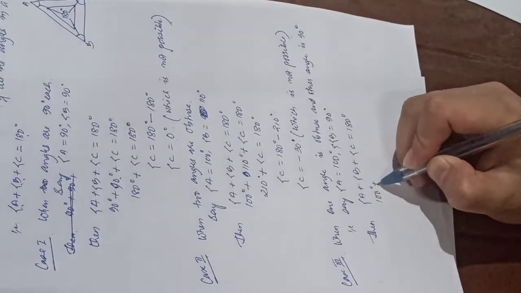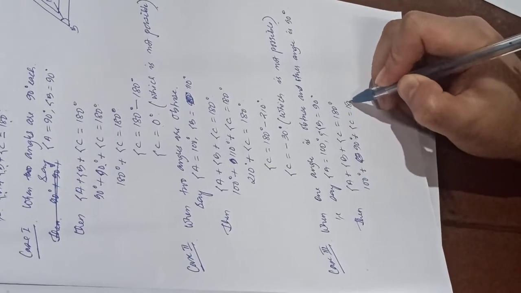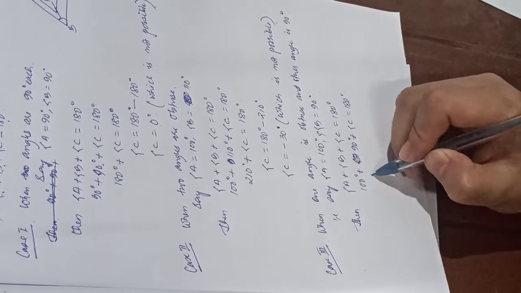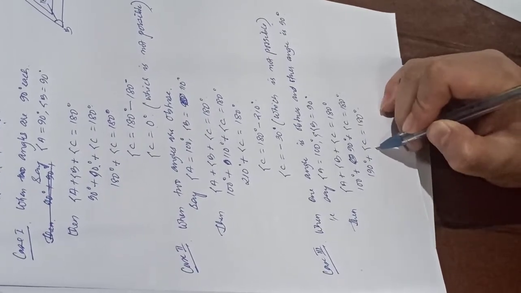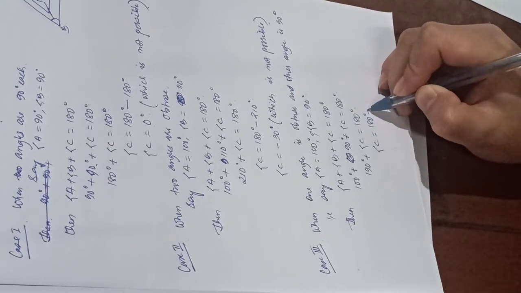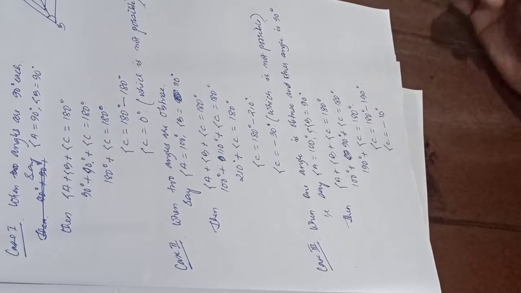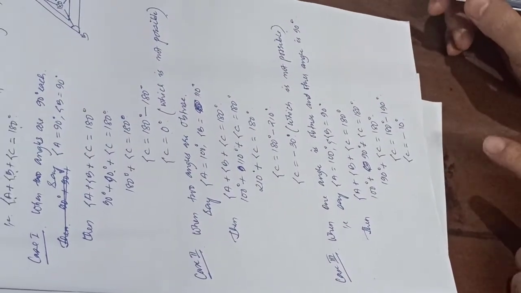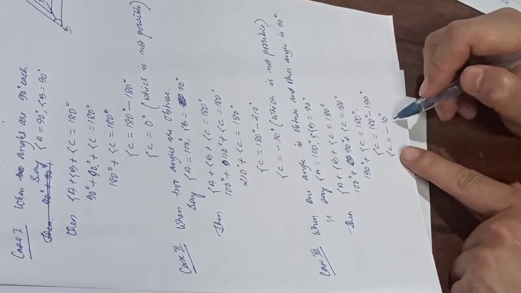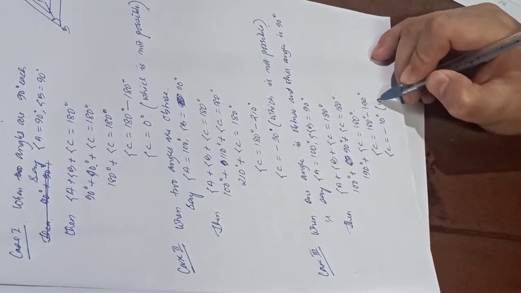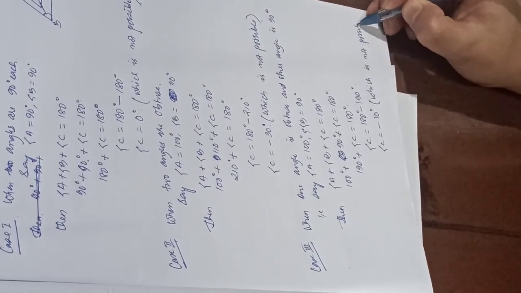Angle A is 100 degrees plus angle B is 90 degrees plus angle C equal to 180 degrees. So 100 plus 90 is 190 degrees plus angle C equal to 180 degrees. So angle C equals 180 minus 190, which gives angle C equal to minus 10 degrees again, right? So here also, when one angle is obtuse and the other angle is 90 degrees, we are getting that the third angle is negative. So again, which is not possible, right?